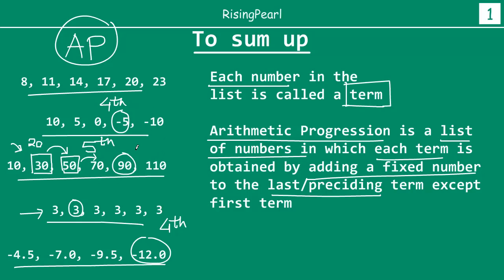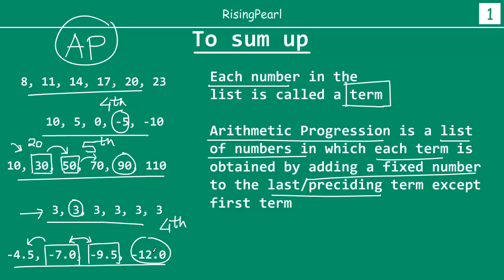Or in other words, if we take any term and subtract the previous term, so if we start at the 3rd term and subtract the 2nd term from it, we will see that whatever the difference is, that difference is common for each of these cases.